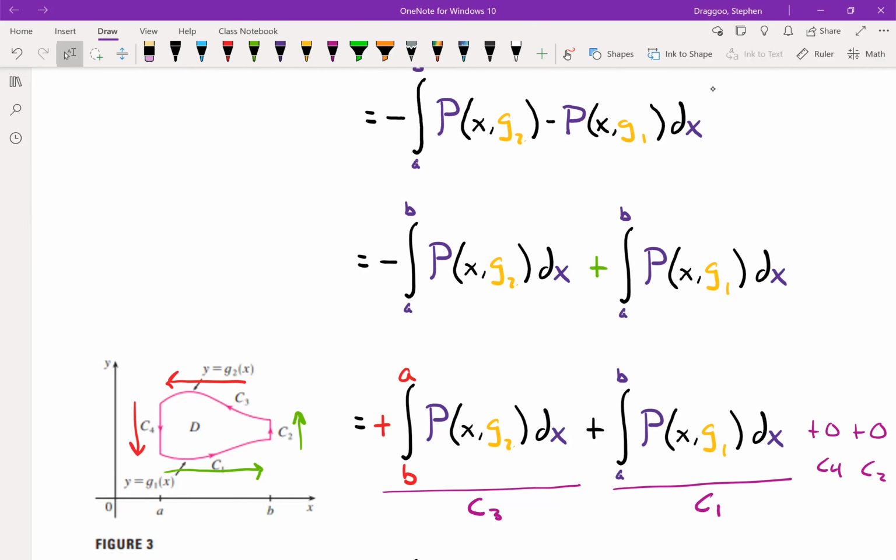If I'm looking at integrating along g2 from a to b, the curve C3, as long as I'm going in a positive orientation, which if we look over at figure 3, we can see that the arrows are all going counterclockwise. So this thing is positive, but I have forward directions labeled in green, while backward directions are going to be labeled in red, because in order to do that integral along C3, I have to go backwards. I'm moving left along that curve C3.